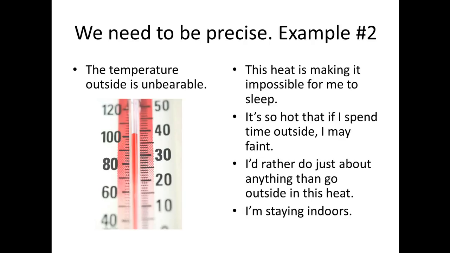It could mean, "It's so hot that if I spend time outside I may faint." Or, "I'd rather do just about anything than go outside in this heat." Or it could simply mean, "I'm staying indoors where the air conditioning is on." Again, being more precise in your meaning will make your writing better.